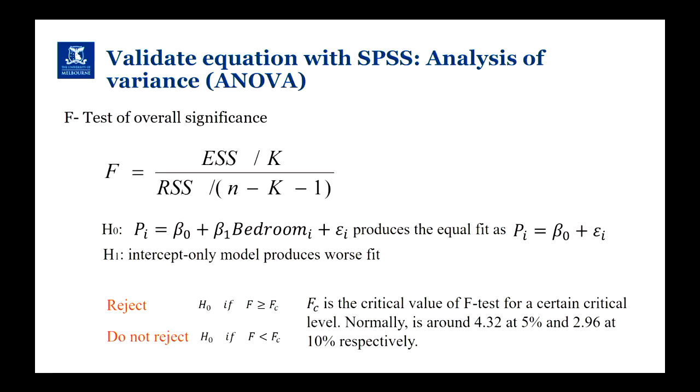The most important test in the analysis of variance is the F-test. The F-test is the explained sum of squares divided by the residual sum of squares. It indicates the proportion between what we can explain against what we cannot explain, so a high value indicates better estimation results.